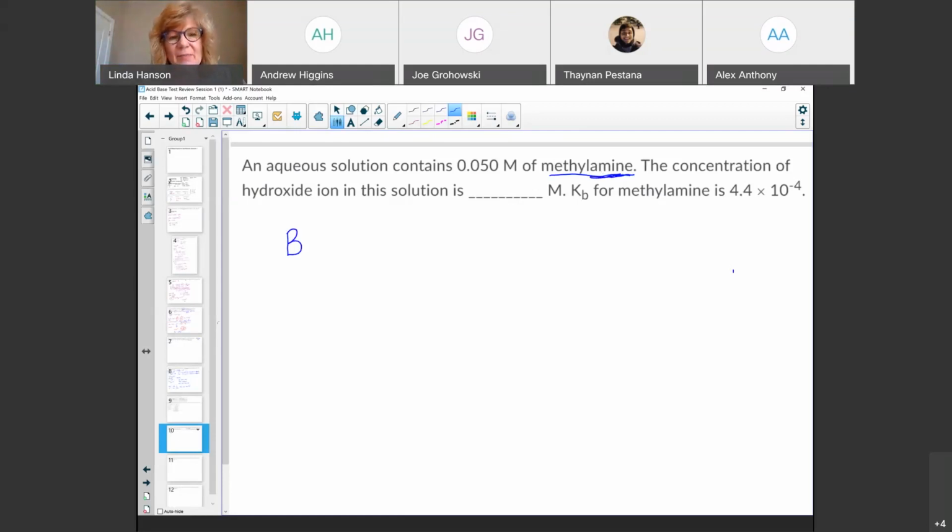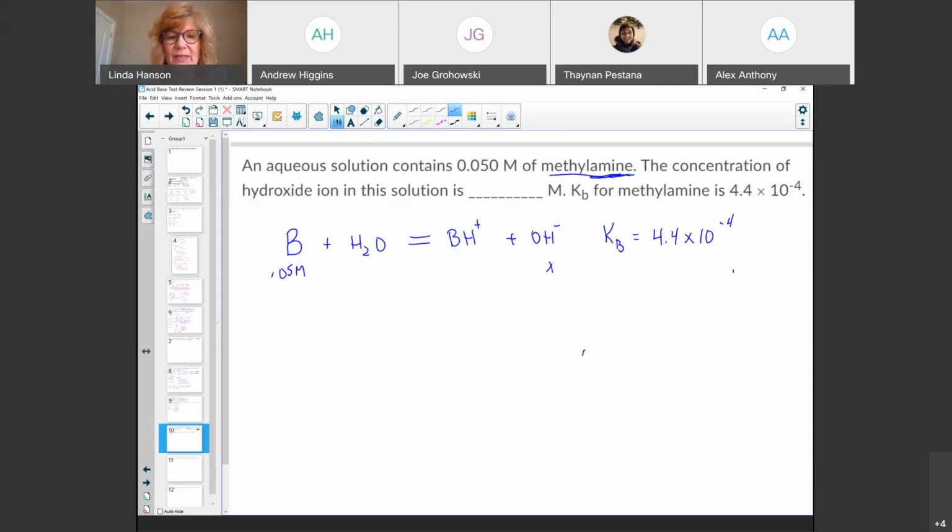And so I can set up the hydrolysis by simply showing a conjugate pair between BH positive and OH negative. This chemistry is a Kb, so we have 4.4 times 10 to the negative fourth. The base given to me is 0.05 molar, and we're being asked to solve for the hydroxide concentration.